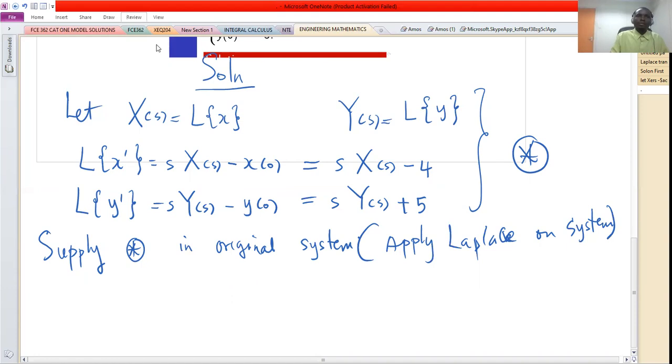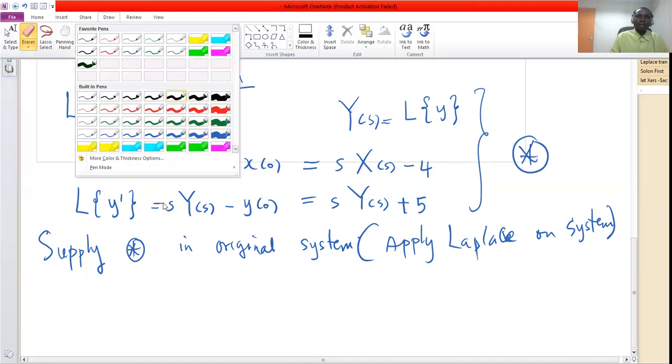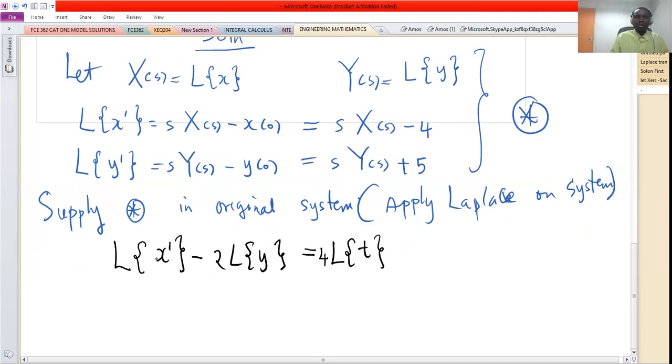I'll have the Laplace transform of x prime minus 2 times the Laplace transform of y, equals the Laplace transform of t. I'm doing this because we know that the Laplace operator is a linear operator.